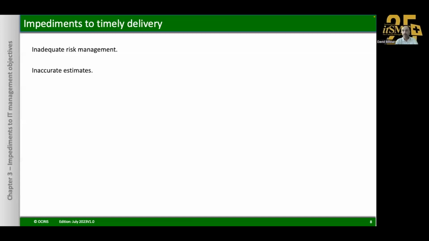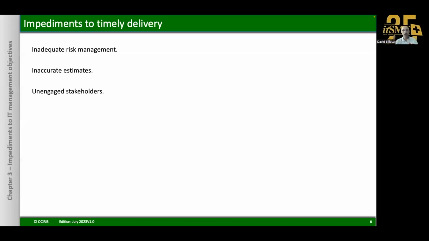Inaccurate estimates. When we define the target in terms of time to deliver a service, in many cases we have very optimistic estimates. Once again, time delivery for who?